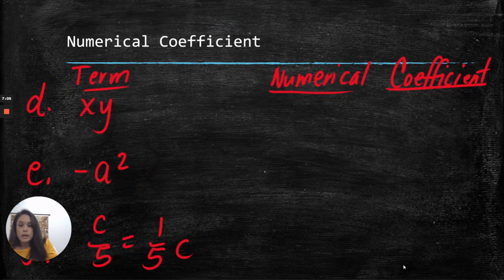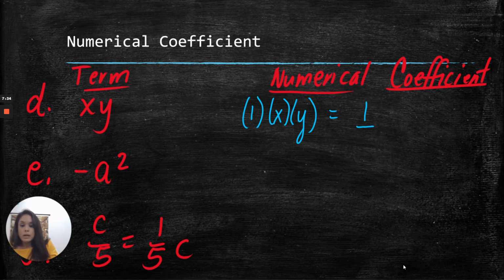Now, looking at example D, x times y. When you have a variable without a number, it is always understood that there is a 1. So this is the same thing as 1 times x times y, and my numerical coefficient is 1.